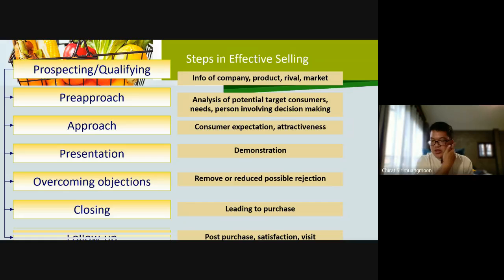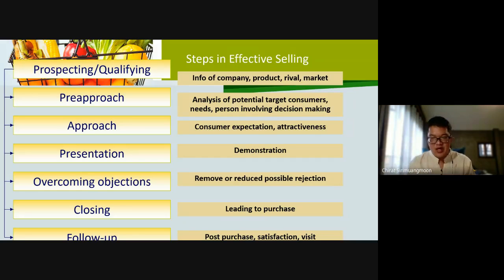Then you need to follow up. A good salesperson will call the buyer, and they try to monitor and communicate with them. Like sometimes you have post-purchase service, like calling the company: okay, are you okay about my product?